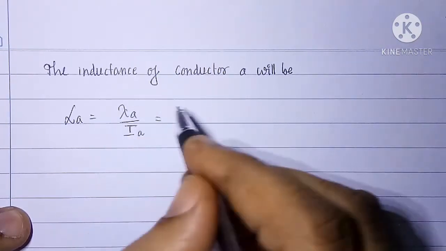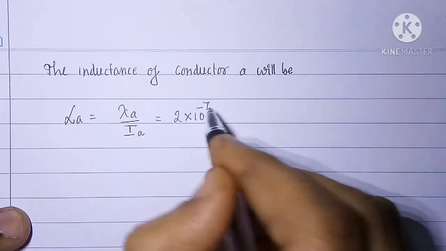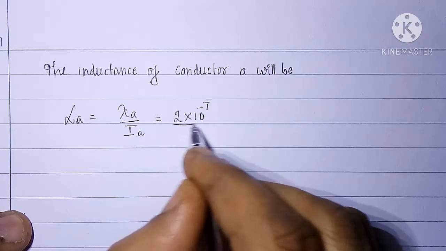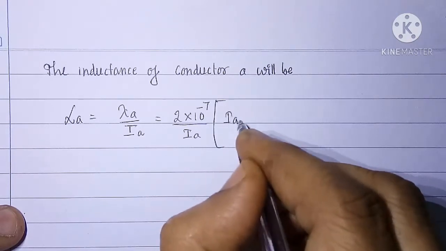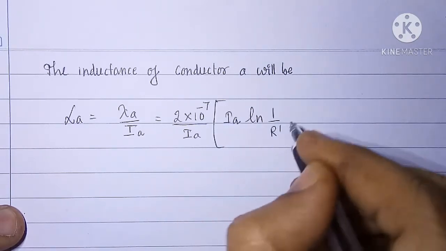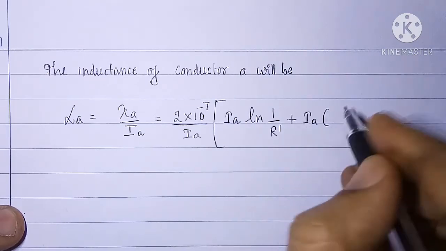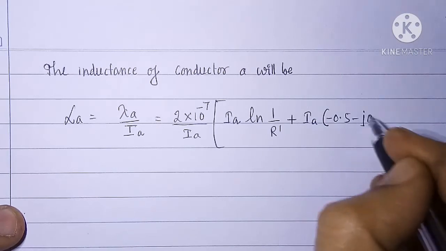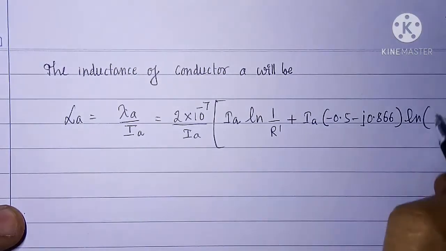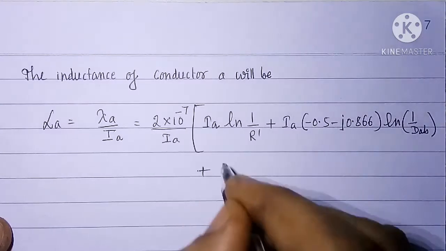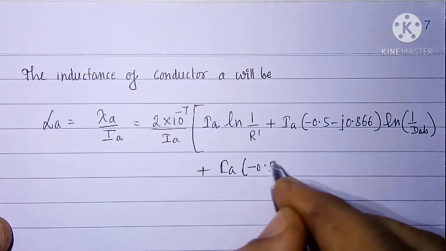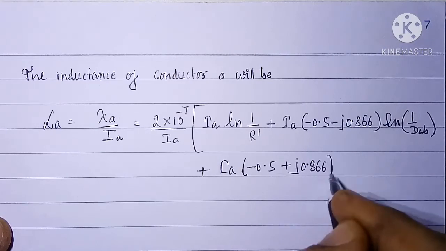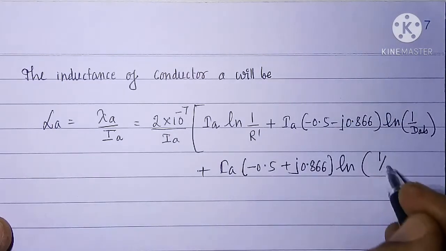So now we will substitute for lambda A value, that is 2 into 10 raised to minus 7 upon IA into the bracket IA into ln of 1 upon R dash plus IA into the bracket minus 0.5 minus j0.866 ln of 1 upon DAB plus IA into minus 0.5 plus j0.866 ln of 1 upon DAC.